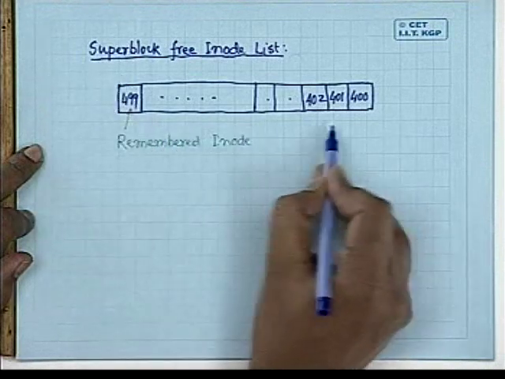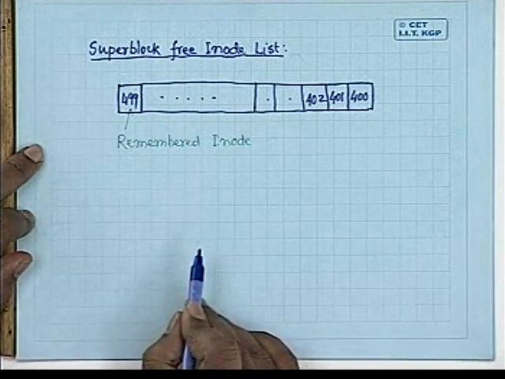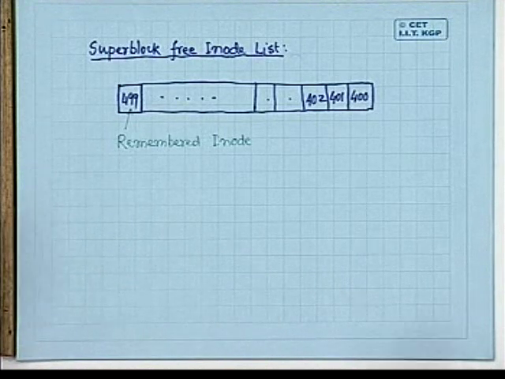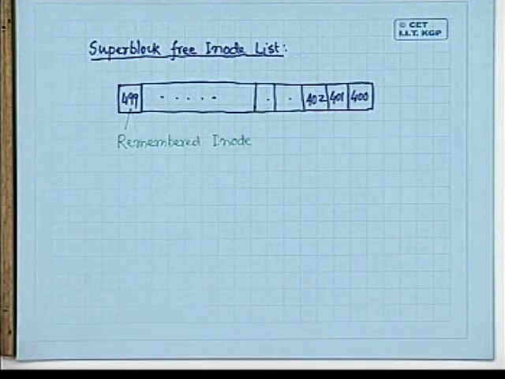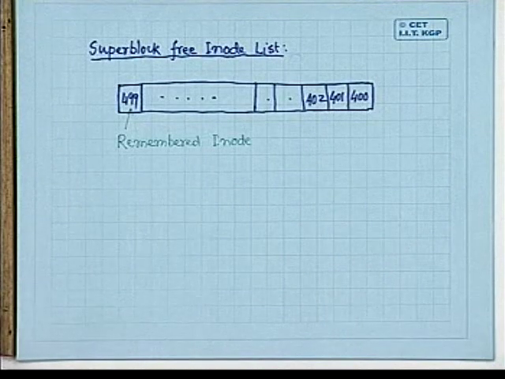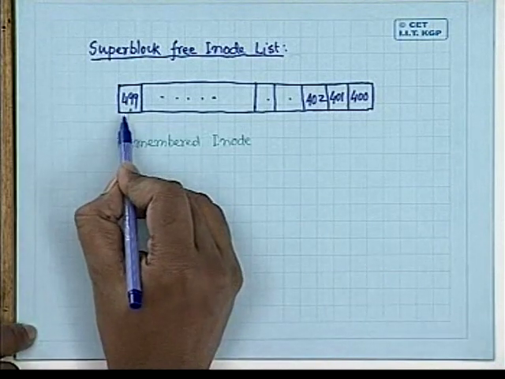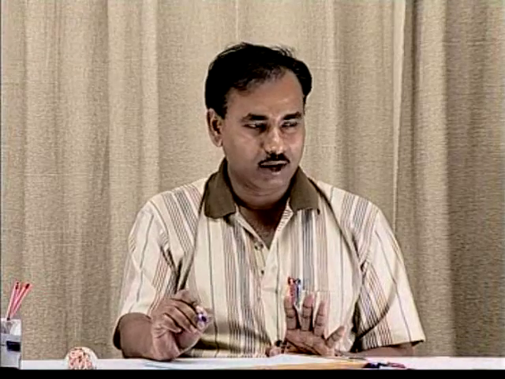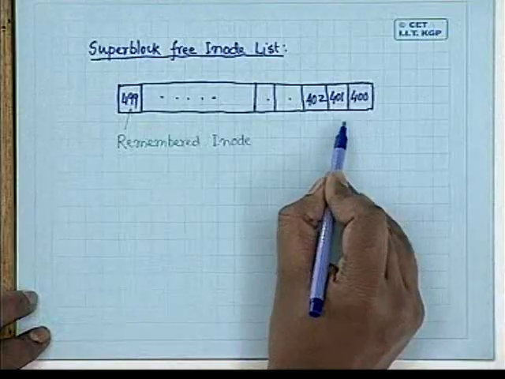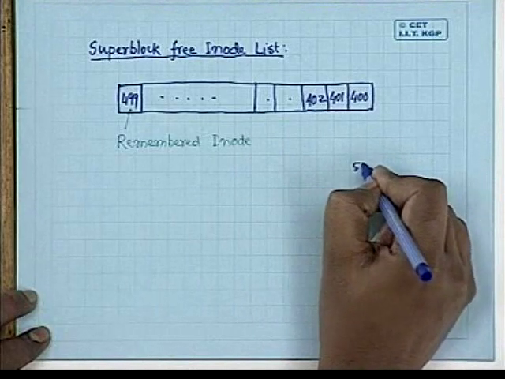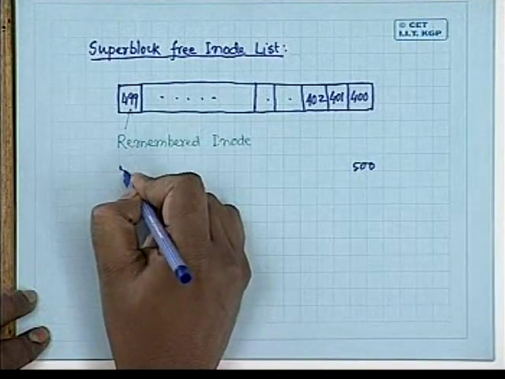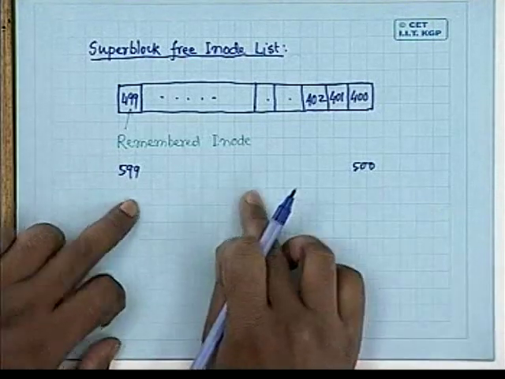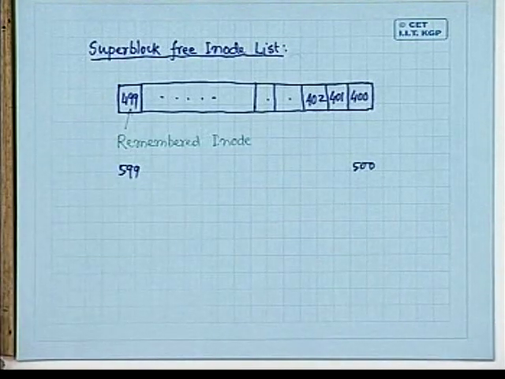So whenever this becomes empty, the kernel will read the next 100 inodes and fill up this superblock free inode list. So assuming that all other inodes from 500 onwards are free, unallocated, 100 inodes from 500 till 599 will fill up the superblock free inode list.